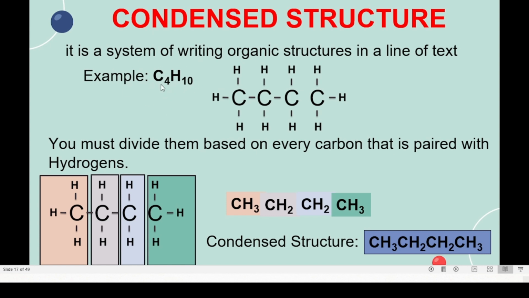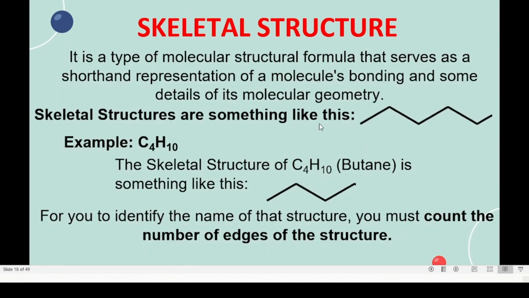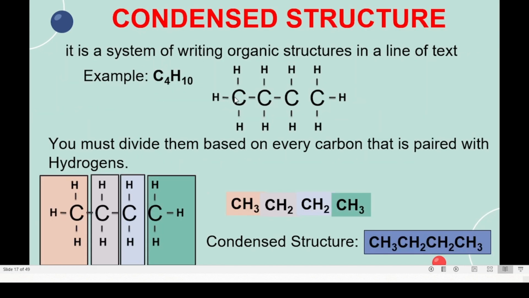If we draw the full structure, it will be something like this: 4 carbons, C4, and 10 hydrogens, H10. This is the full structure of C4H10, also known as butane.